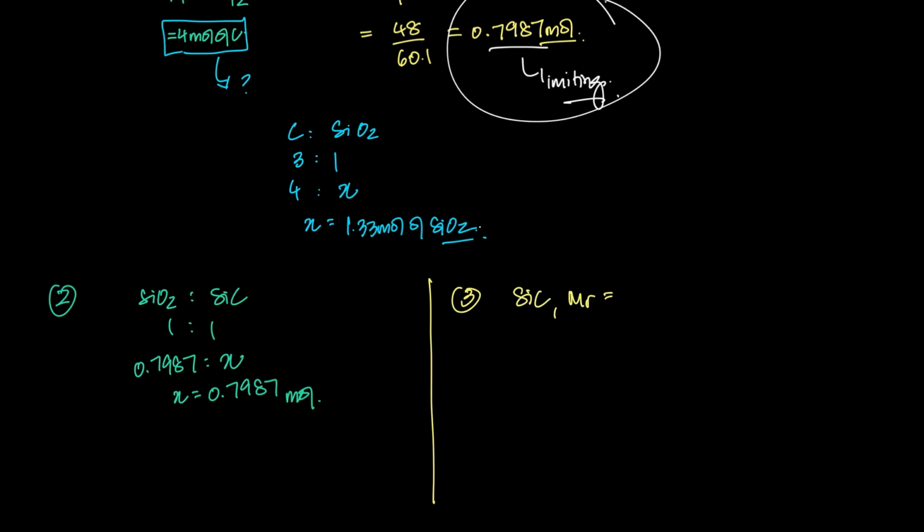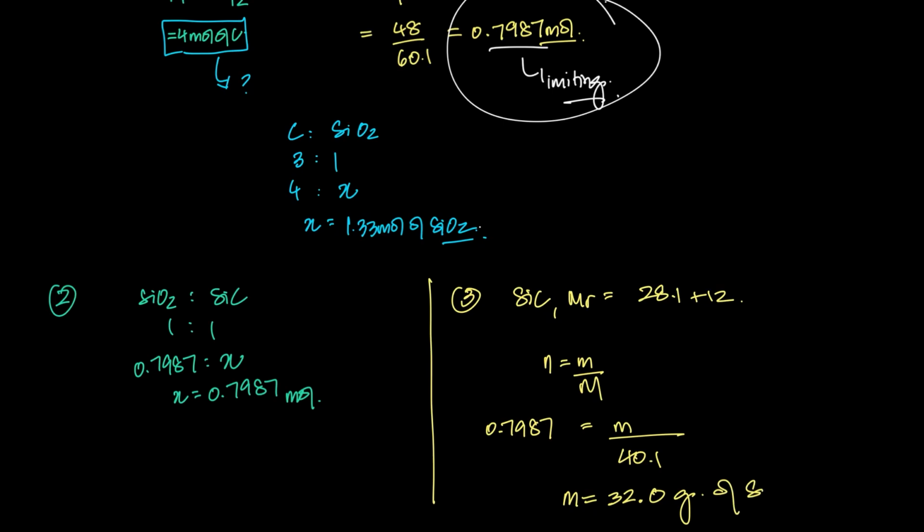I need the MR, which is 28.1 plus 12, which is 40.1. Number of moles is mass over molar mass. So 0.7987 is equal to mass over 40.1. So 0.7987 times 40.1 gets me 32.02, or to 3 significant figures, 32.0. All right.